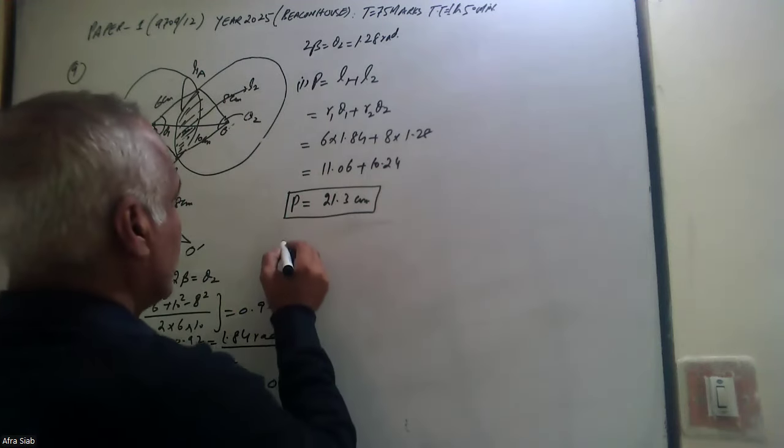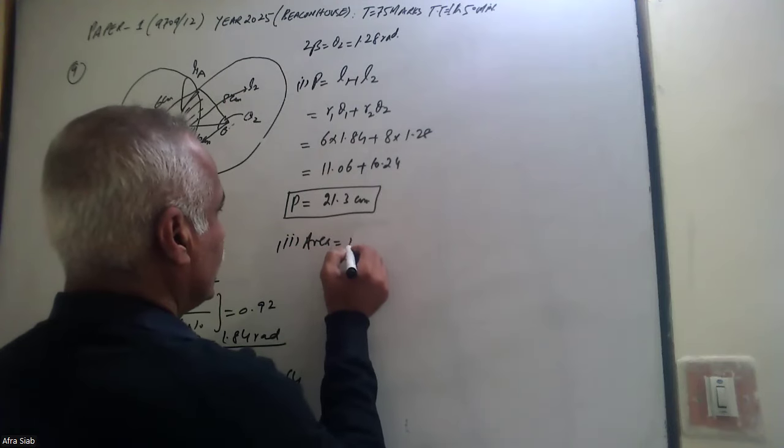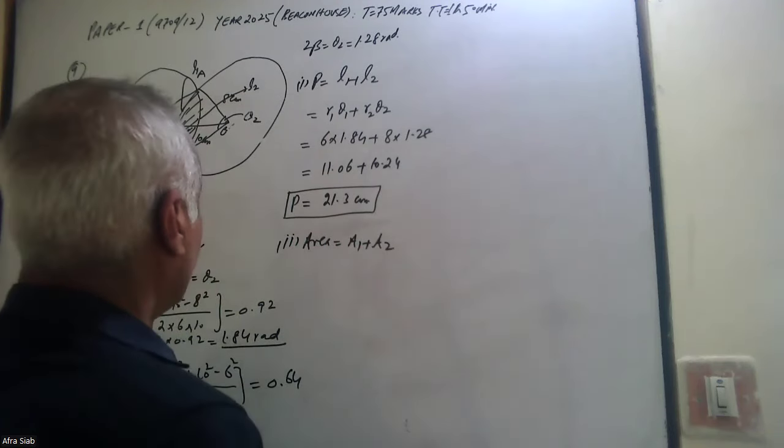Now for the second part, area, which is equal to A1 plus A2.